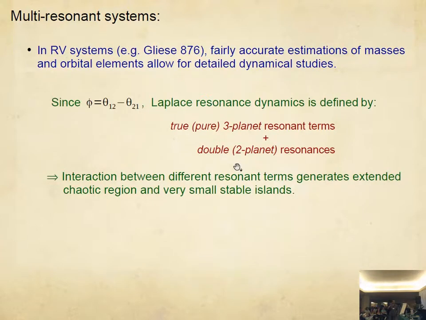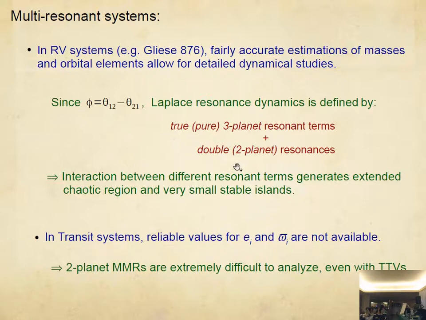Since the Laplace angle can be written as a linear combination of the resonant angles of the two-body systems, then actually this dynamics is defined on one hand by what is called the true or pure three-planet resonant dynamics plus the double resonance terms. And it is this interaction of different resonant terms that generates this extended chaotic region and very small stable regions. Okay. So we can do many things for radial velocity Doppler systems.